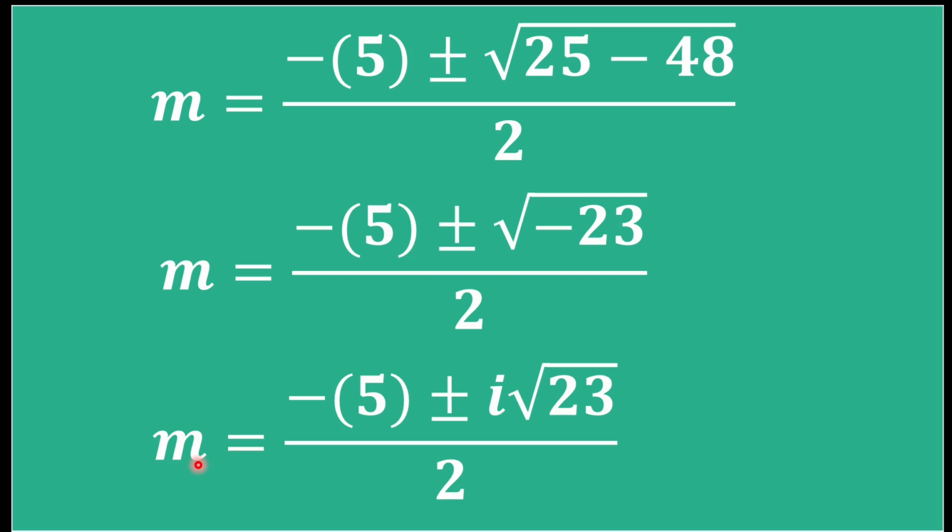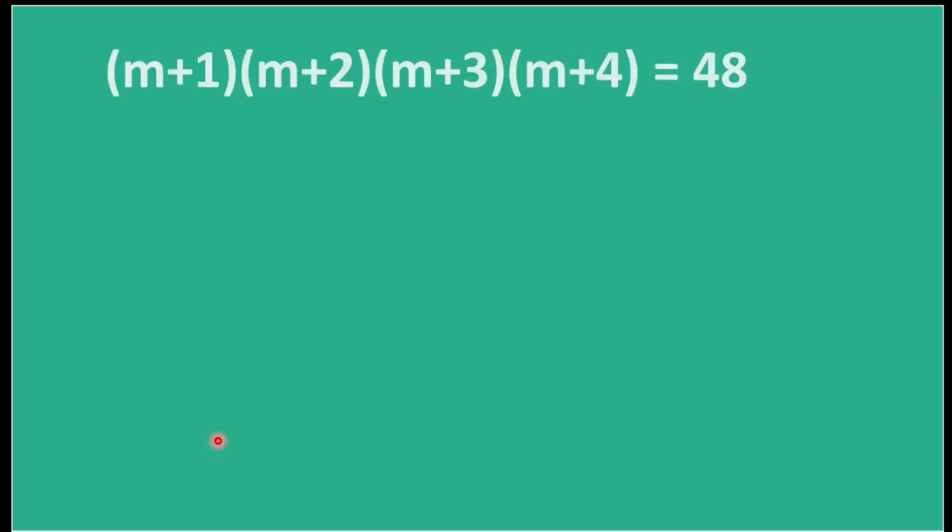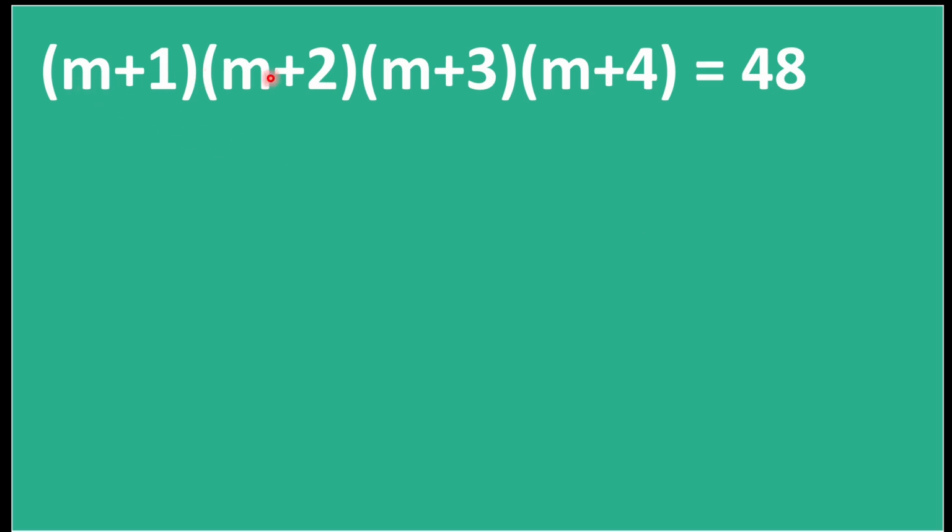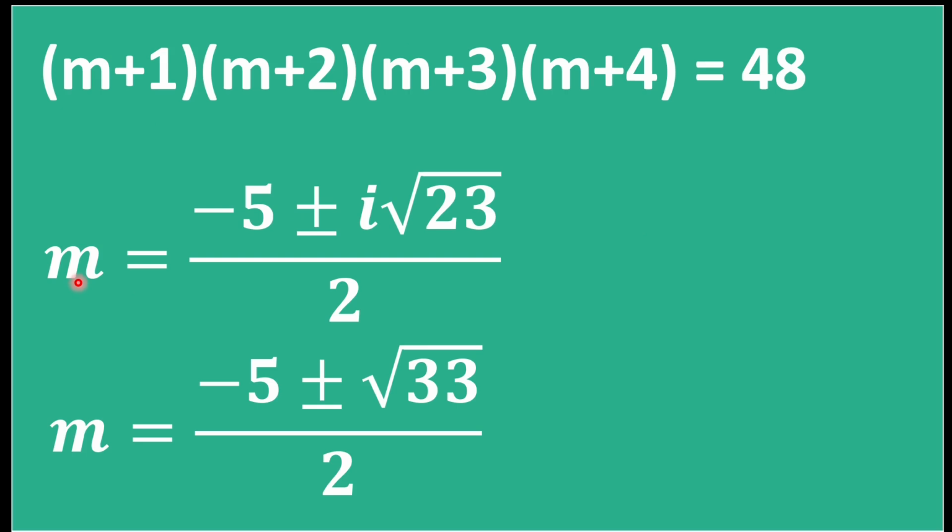So now overall we have the solutions of the given question, and we have four solution sets, or you can say we have four roots of this question, in which two roots are complex roots and two roots are real roots.